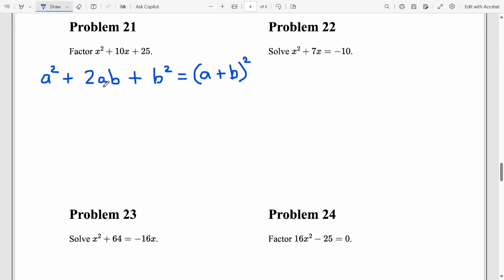So you want to check, once you figure out what a and b are, that the middle term here is 2 times whatever a and b are. So in this case, a squared is the first term, so a squared would be x squared. And b squared is the last term, so b squared would be 25.